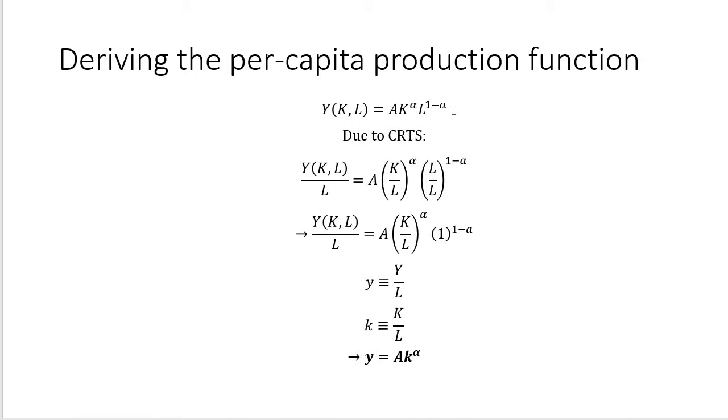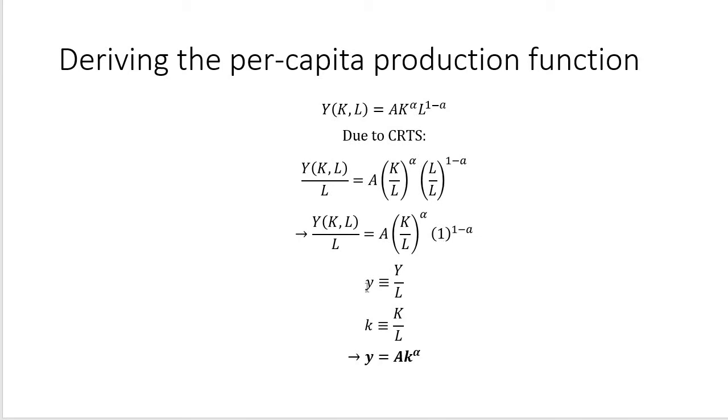So thanks to constant returns to scale, we know that dividing output by some constant is equivalent to dividing both inputs by the respective constant. And here we assume that size of the labor force is described by constant L. So we divide output by L and we divide both inputs by L. And L over L, since both of them are constant, is simply equal to 1.